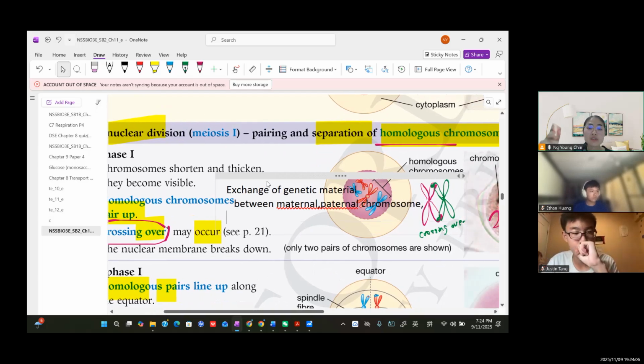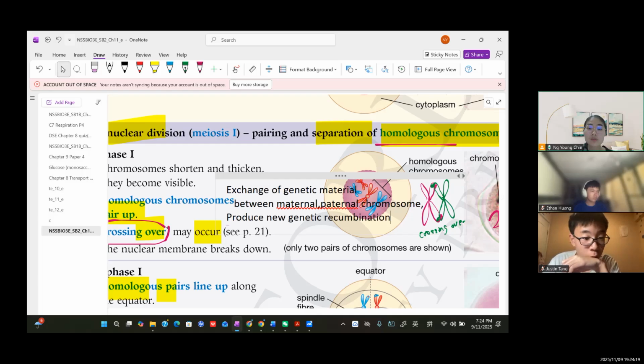So they can produce different, new genetic recombinations of the chromosomes. So it will help to increase the genetic variations.